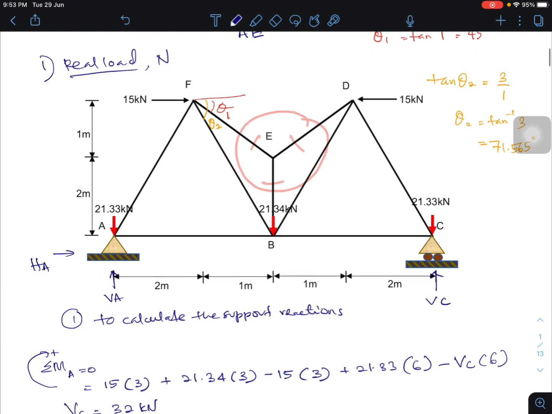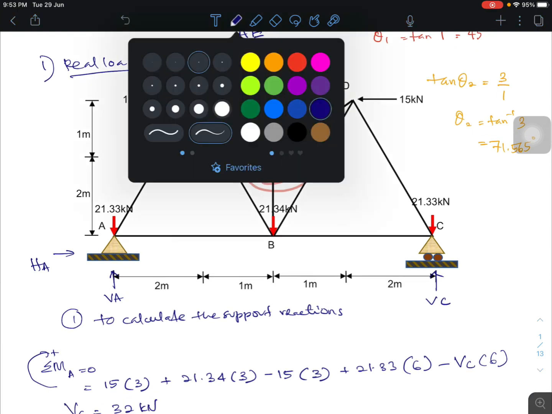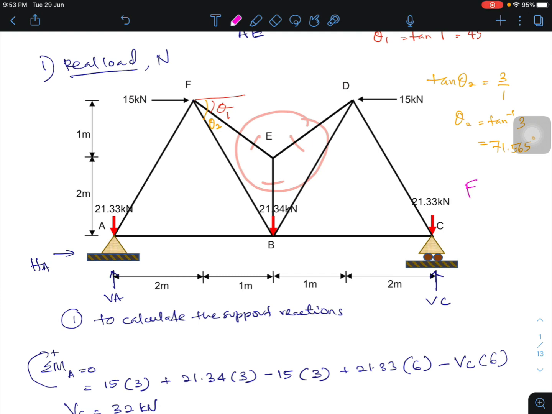So in this case, NAF equal to NDC, NAB equal to NCB, and then NFB equal to NBD, and NFE equal to NDE.